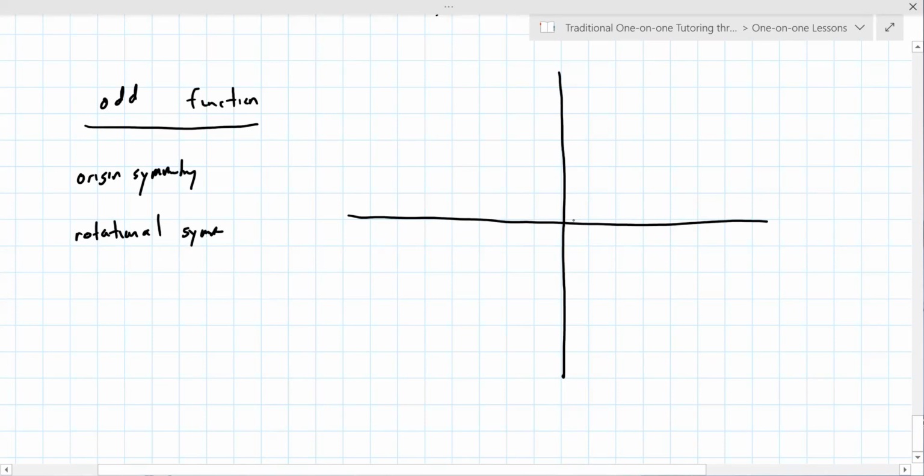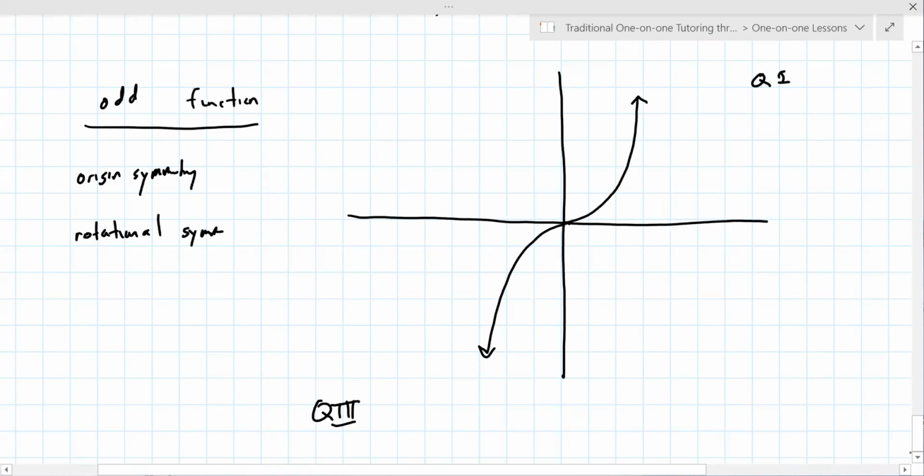So if this is my quadrant 1, it's going to look the same in quadrant 3, just rotated. Imagine you could rotate this line, it would look something like that. I've seen that before.